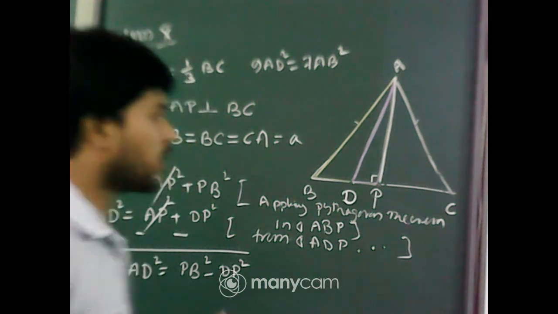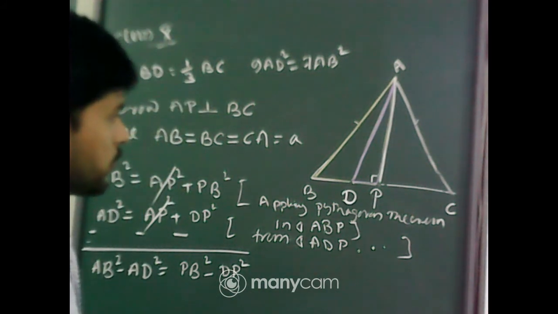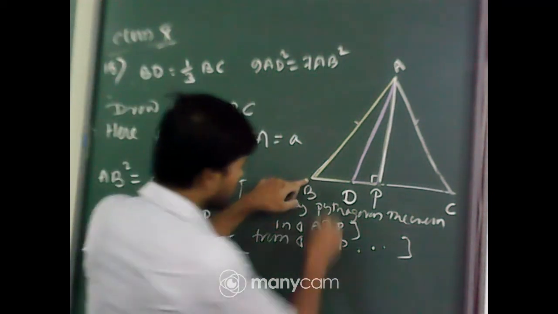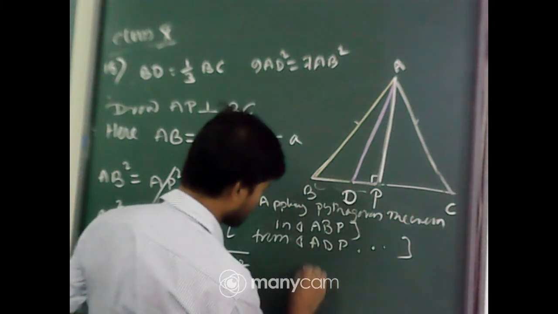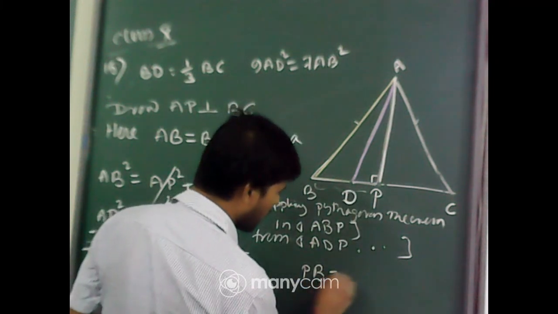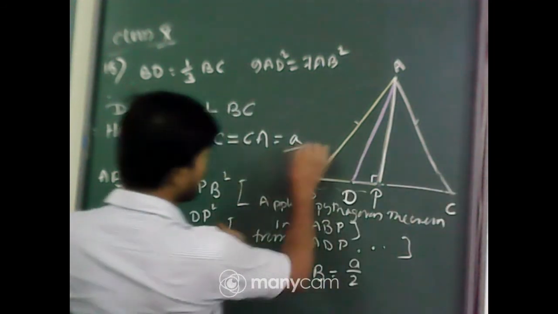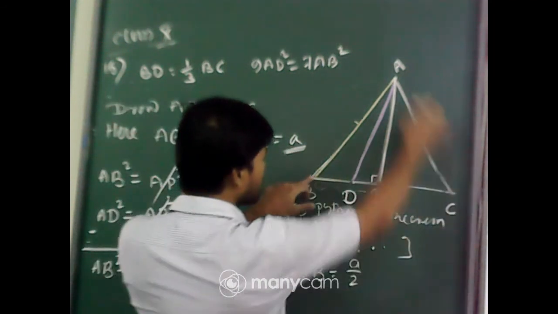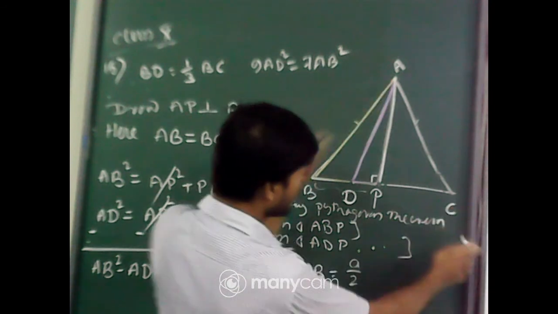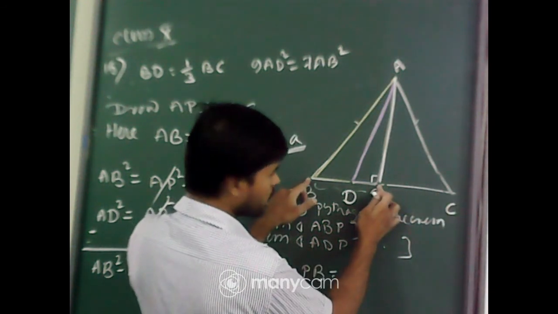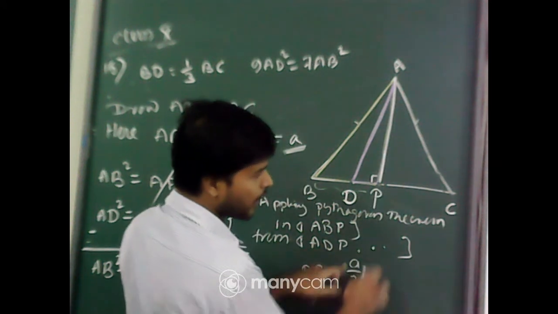Yes sir. That means this PB must be equal to A by 2. Total length is A, so the length of PB must be A by 2.